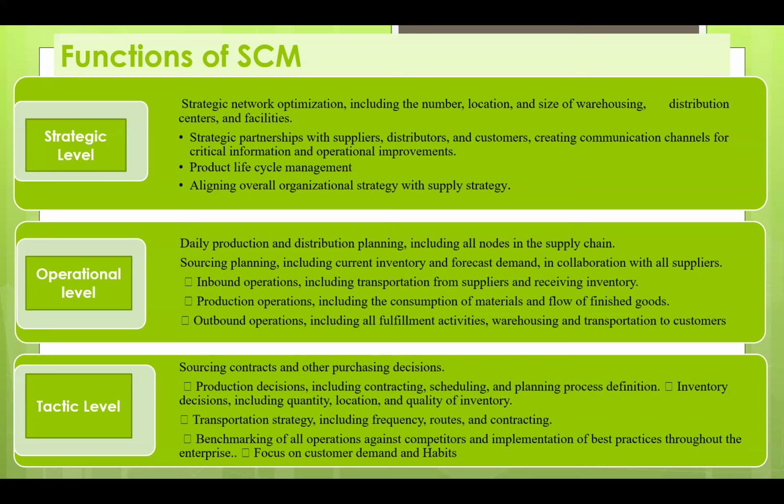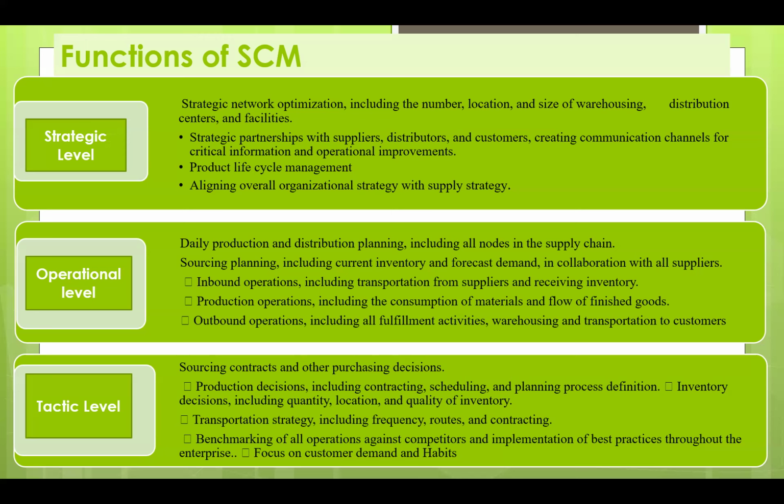Then transportation strategy, including frequency, routes, and contracting. Then benchmarking of all operations against competitors and implementation of best practices throughout the enterprise is done at the tactical level. It also focuses on customer demands and habits.